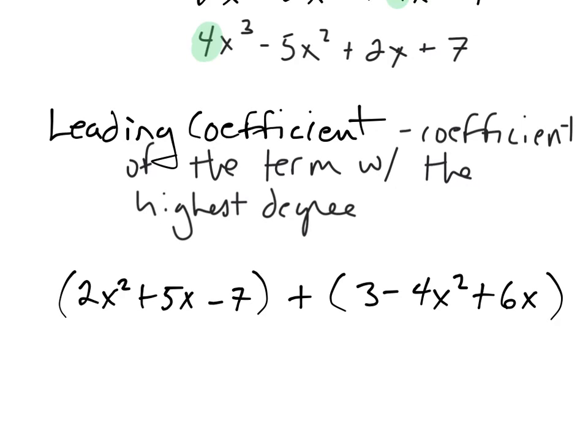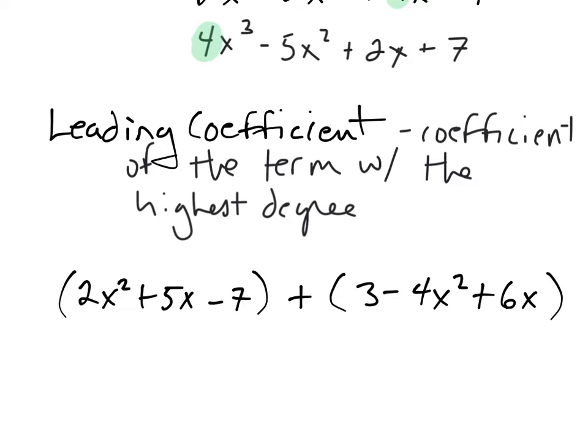So the parentheses here are telling me that this is one polynomial. That these terms go together and form one polynomial. And then I am adding a second polynomial. Okay? The reason it's not multiplication, which a lot of people assume, is because of this addition. The only time it's multiplication is if this addition symbol or subtraction symbol is not there.